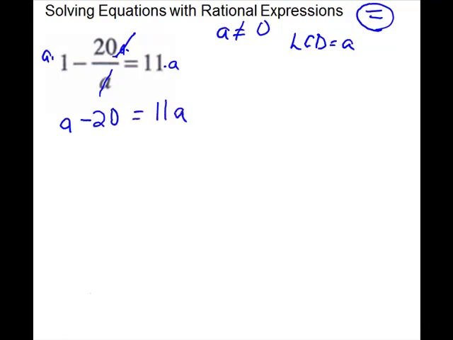There's nothing to cancel. Now, get your a terms on the same side. So I'm going to subtract an a. So I have negative 20 equals 10a. Work on your side with your variable, so you need to divide by 10.